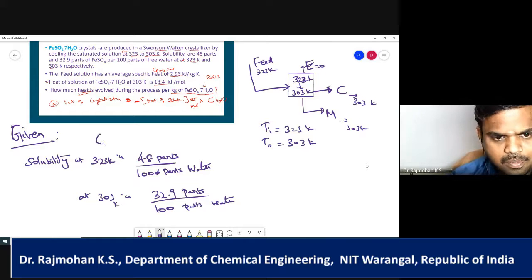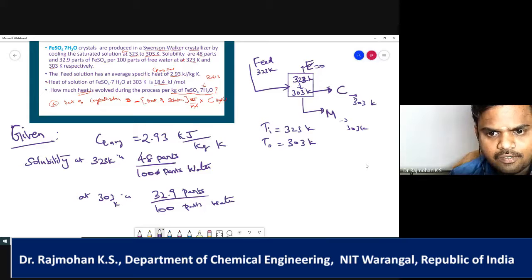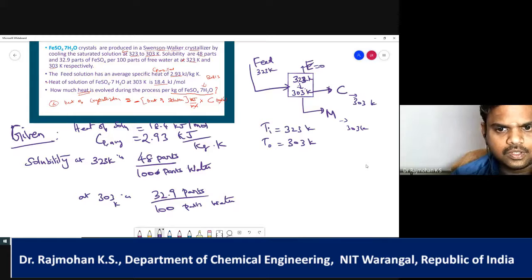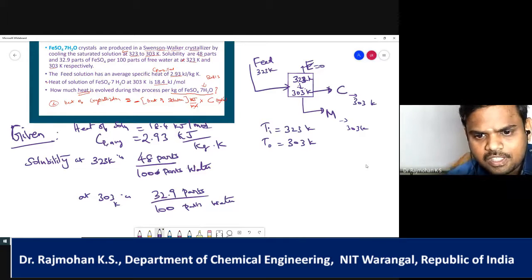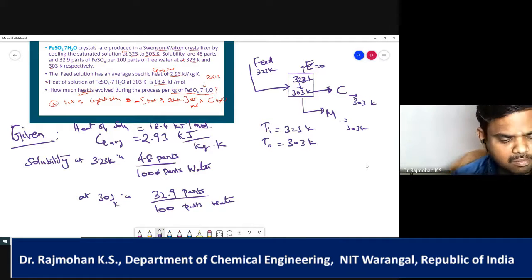Okay, and Cp average of the feed is given as 2.93 kilojoule per kg Kelvin. Heat of solution is given as 18.4 kilojoule per mole. So we are going to take the basis in terms of moles because all the data are given in moles.